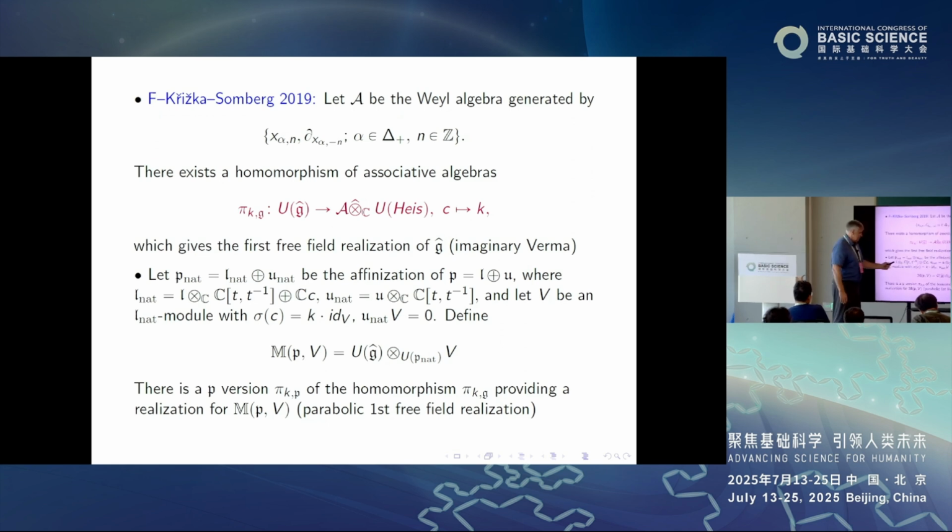So the Levi of the affine parabolic will look like that. So there's a loop algebra of L with central charge C, and similarly with the radical. And then if we start with any module over the loop algebra for L with a fixed central charge, let U natural act freely, then we can consider the induced module.